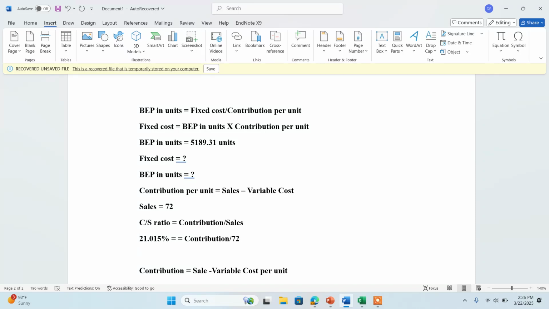Now I have the contribution ratio. I have the sales value. From here I can find out the contribution at least. So how to find it? If this is divided and it comes on this side, it will be multiplied.